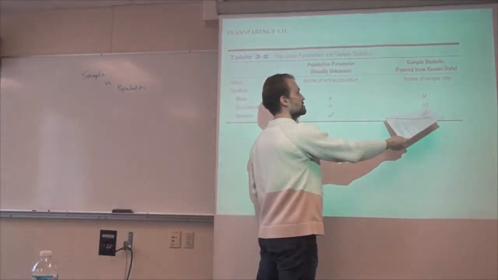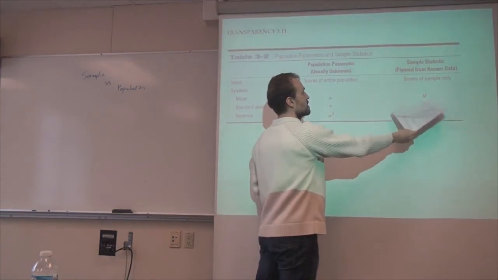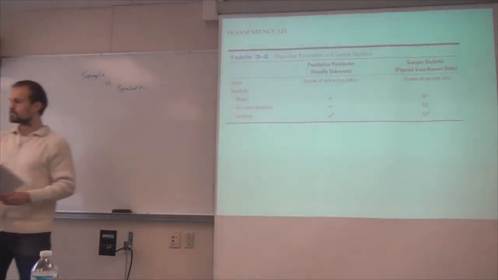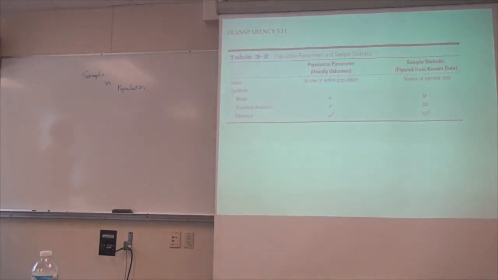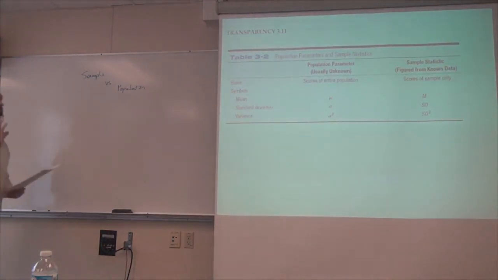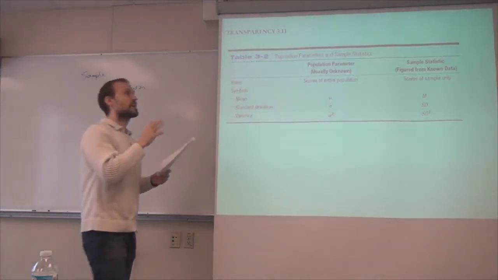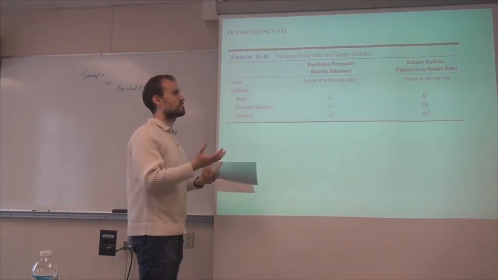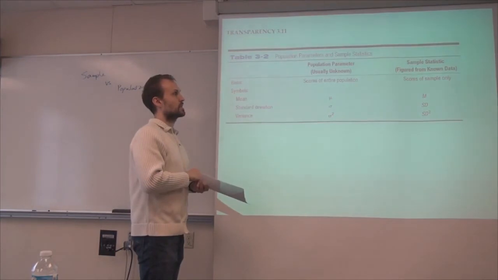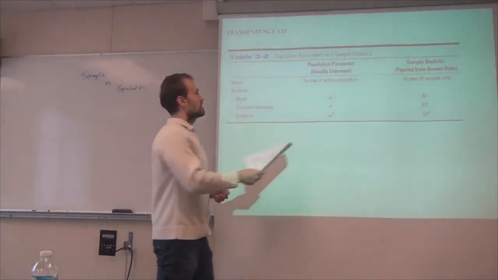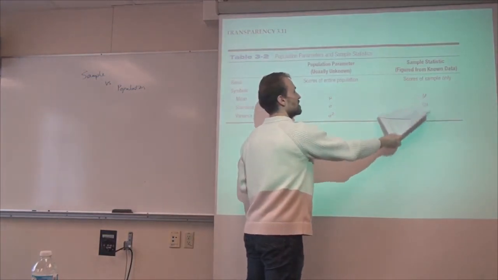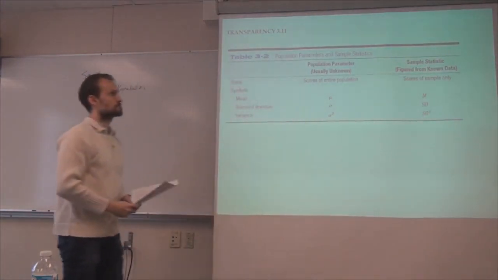The names we've used up to this point, we're going to reserve for the sample value. So I have a sample of IQ values, a sample of people that I've surveyed: the average value, the standard deviation, the variance.